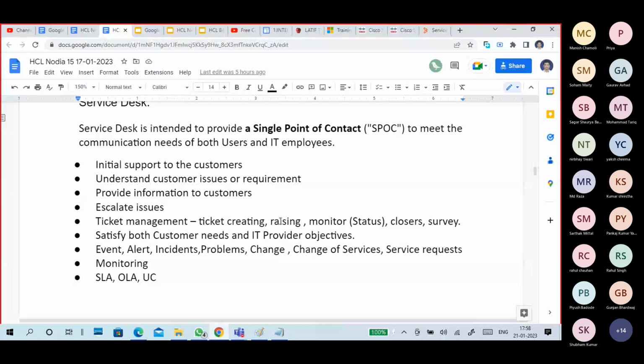So understand what their requirement or issue is, and support the customers, provide proper information to the customer, escalate the issues, and manage the tickets: raising tickets, monitoring tickets, status surveys, kind of stuff also. Satisfy both customer needs and IT provider objectives.